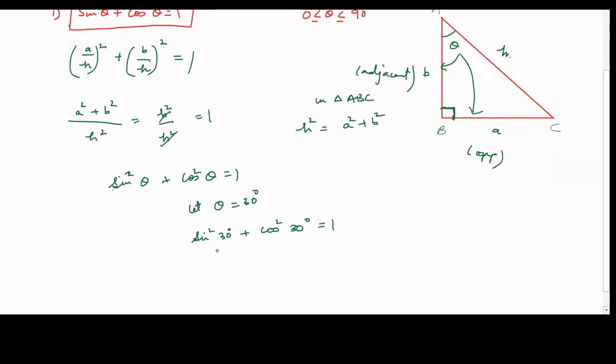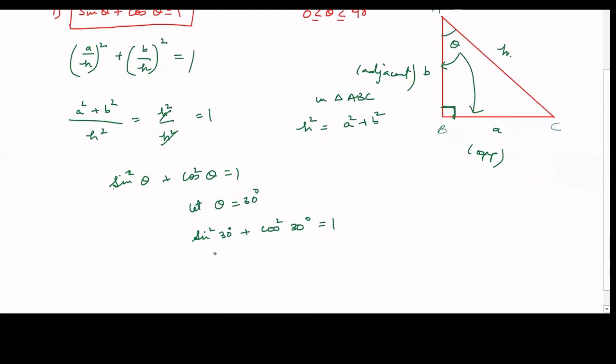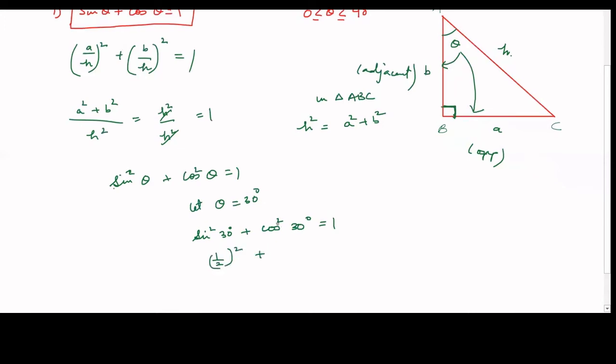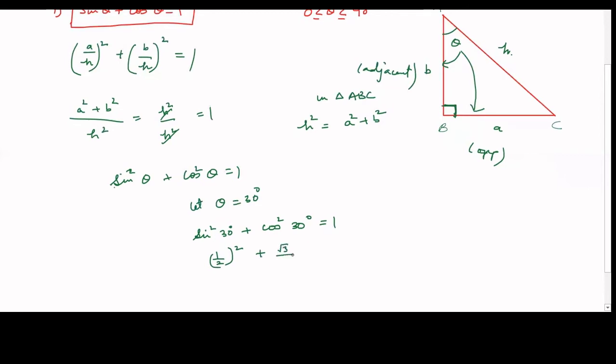Let's check what is the value of sine 30. At sine 30, the value is half. Since it's squared, we'll square it. Cos 30 is root 3 by 2, whole squared.